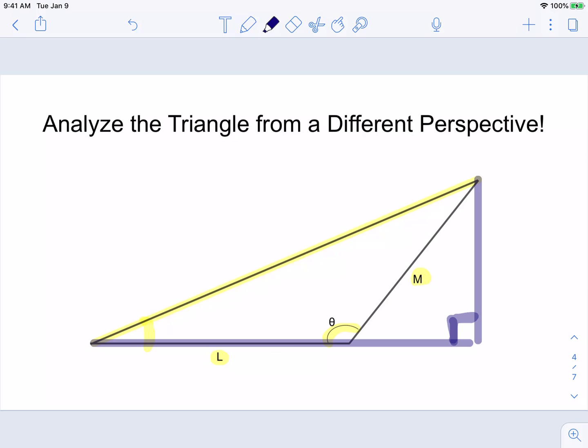Well, there's something I like about right triangles. I like that I can use sine, cosine, tangent, and the Pythagorean theorem with right triangles. Another thing I like about right triangles is that what I just did is I said this diagonal line that I'm searching for can be constructed from a horizontal line, which a lot of times I call an x component, because if we picture a grid, we have x and y in our grid.